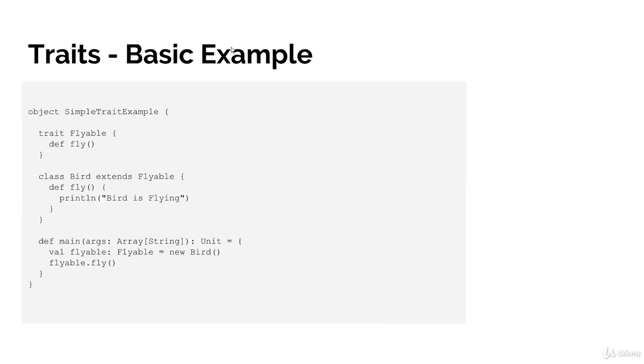So let us see one example, which is like this. We have a trait Flyable which has a method fly, and there is a class Bird which implements the Flyable trait. Whenever we want to implement Flyable, we will use the extends keyword, and then it will implement the method fly.